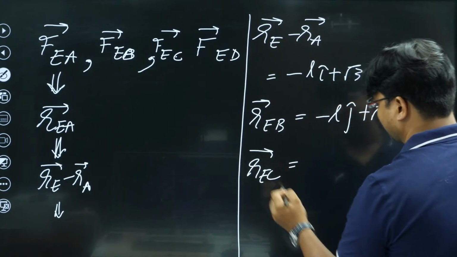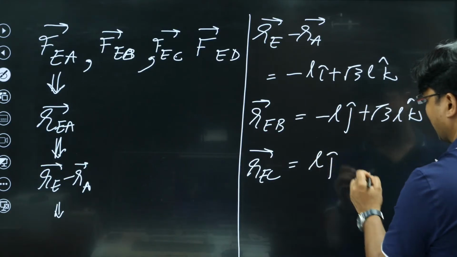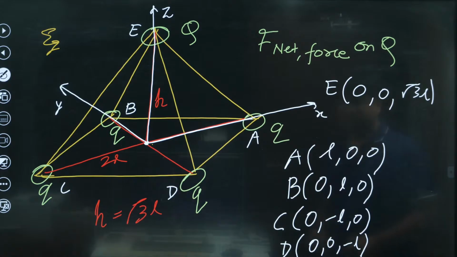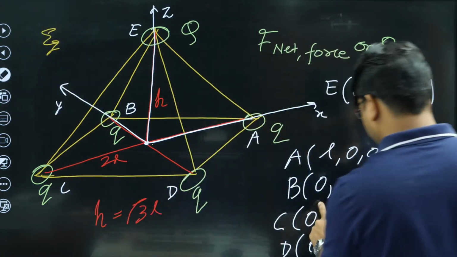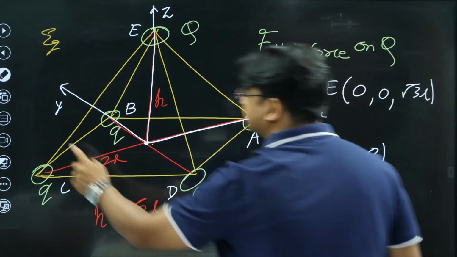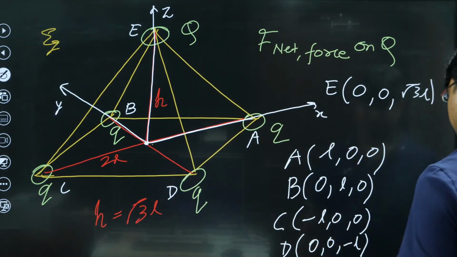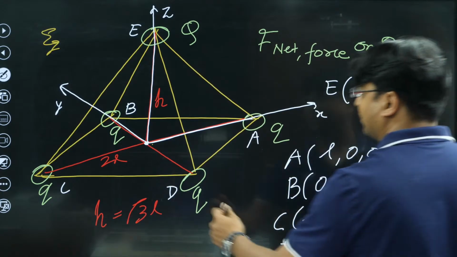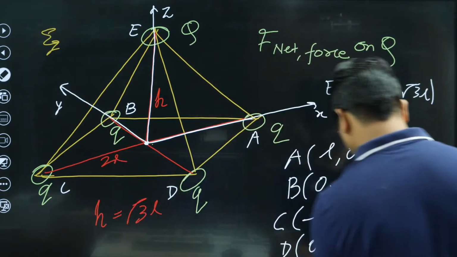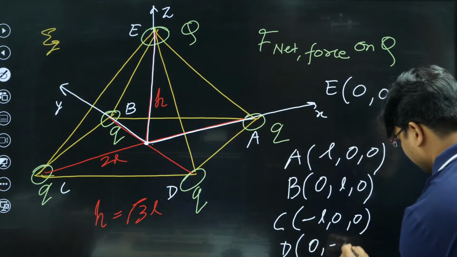The REC vector, that will become L j cap. For C, I wrote the coordinate incorrectly, guys. For C, it should be minus L comma 0. And for D also it should be 0 minus L 0.